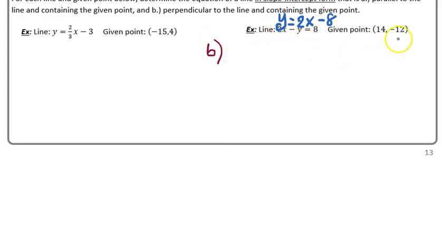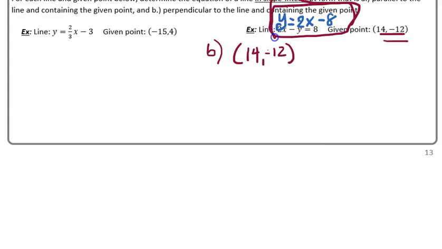We need to write the equation of the line that contains this point, (14, -12), and is perpendicular to this line. So if the line we need to write the equation for is perpendicular to this line, what is the slope? Well, this line has a slope of 2, so the perpendicular line has a slope of the opposite reciprocal, negative 1/2.